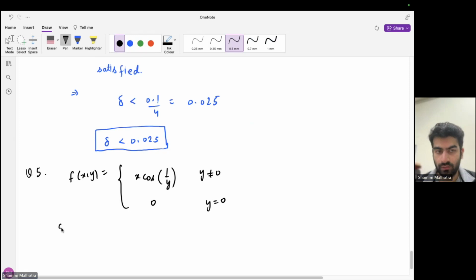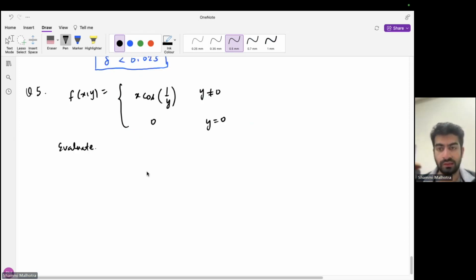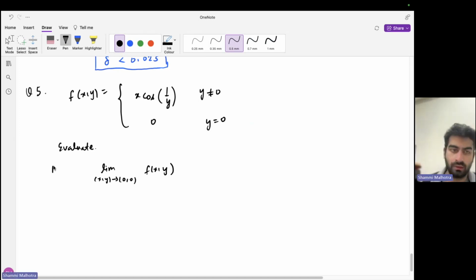So what I have to do is evaluate three things. First, the limit as (x, y) tends toward (0, 0) of f(x, y). The second thing which I would like to evaluate is the iterated limits.